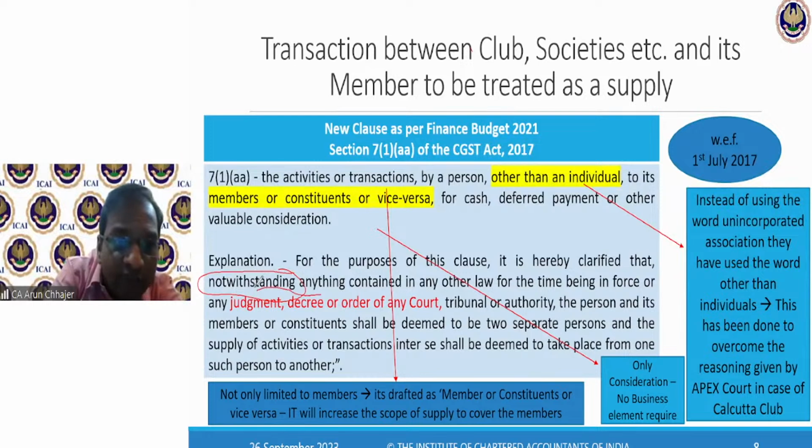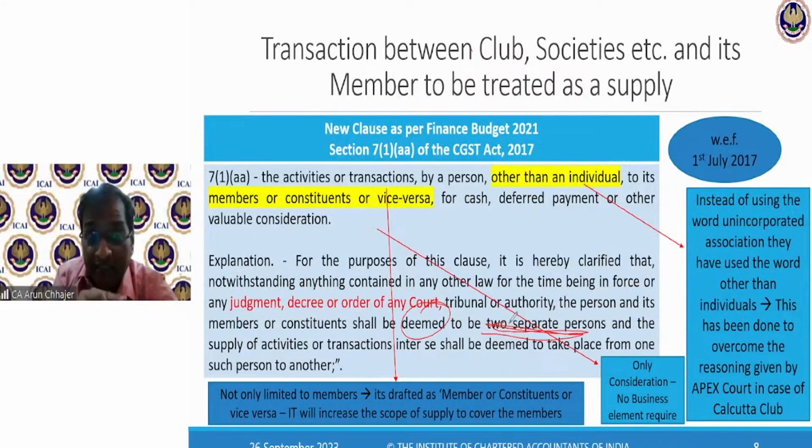Read: notwithstanding anything contained in any other law for the time being in force, any judgment, decree, order of court, tribunal, or authority, the person and its member shall be deemed to be two separate persons. They are saying member and association will be considered as two separate persons.